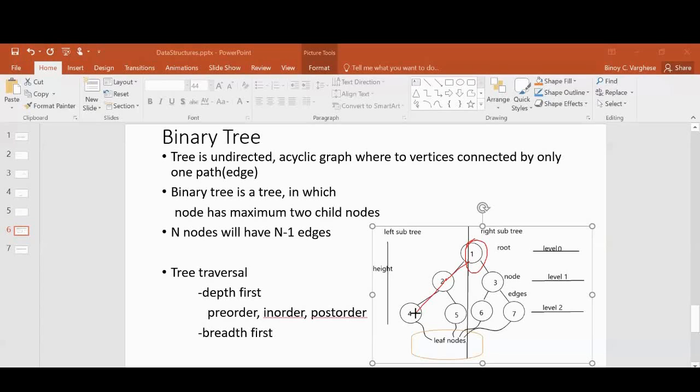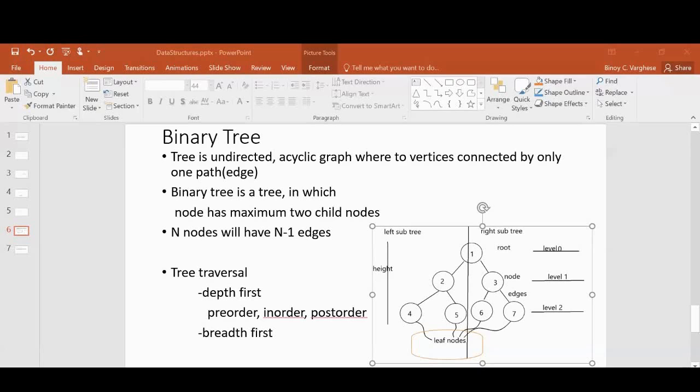We can say it is traversing depth wise, and that's why this traversal is known as depth first traversal. Depending on the order of writing the value of each node, it is further categorized into pre-order, in-order, and post-order.